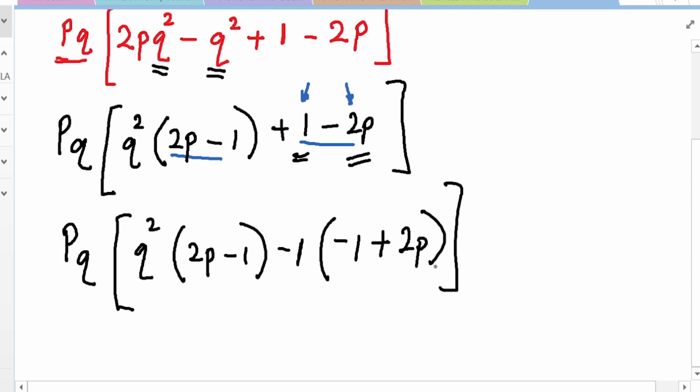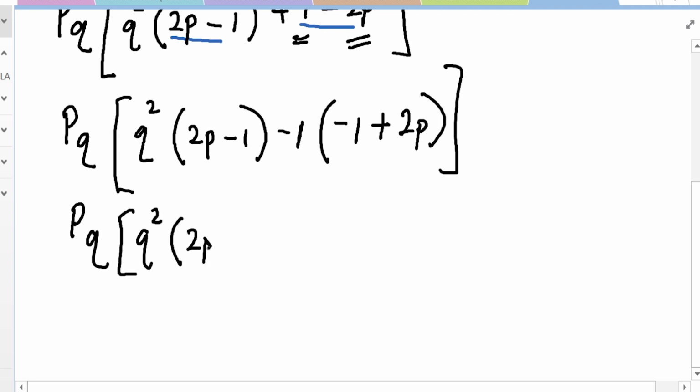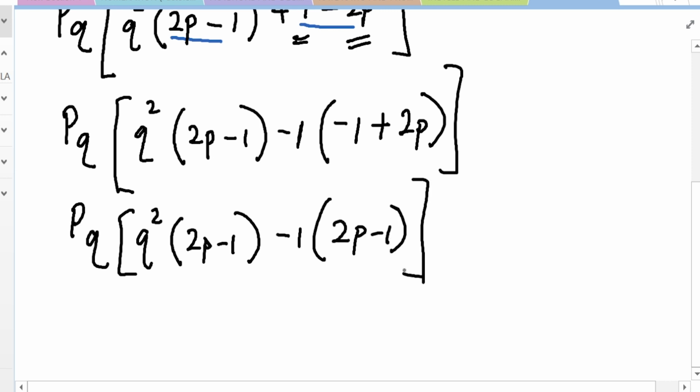We have factorized it out like that. So this becomes pq into q squared, that is 2p minus 1, then minus 1 into, we're just rearranging this, 2p minus 1, like that.